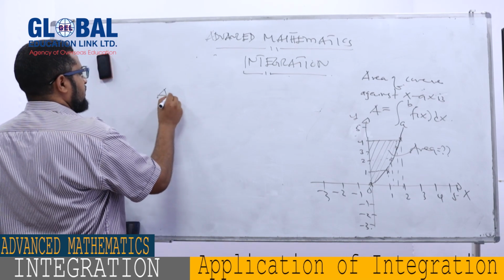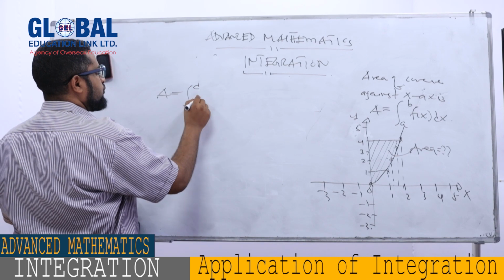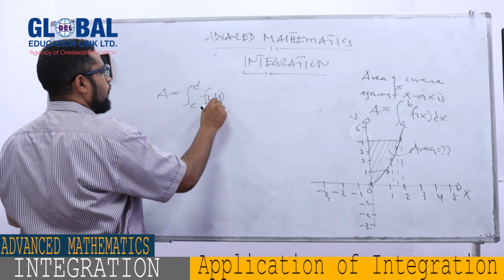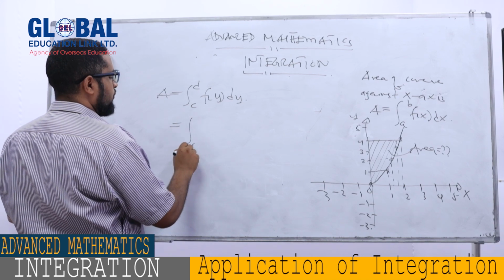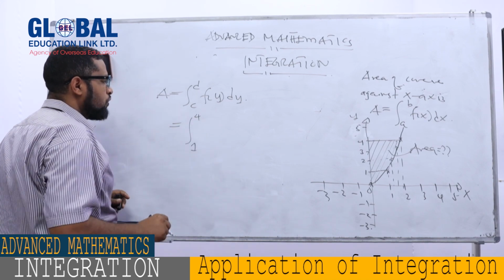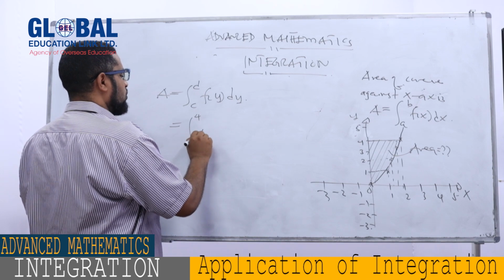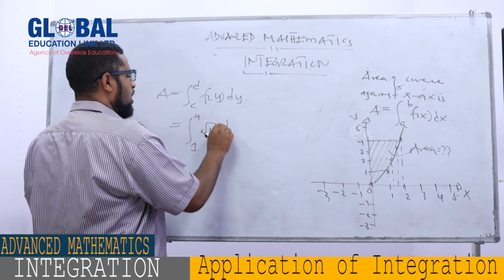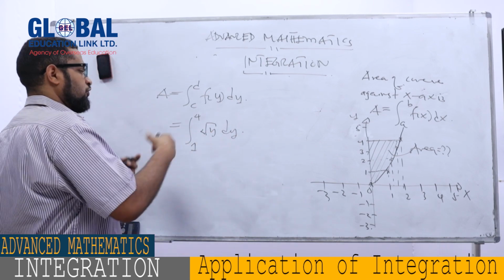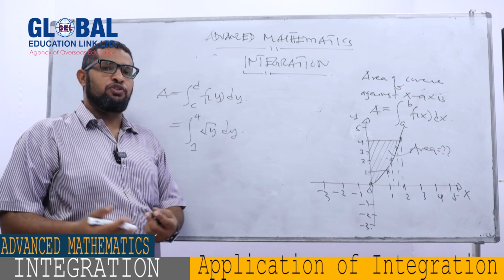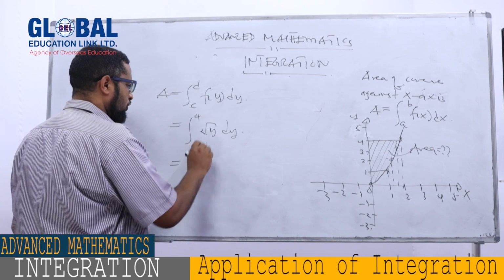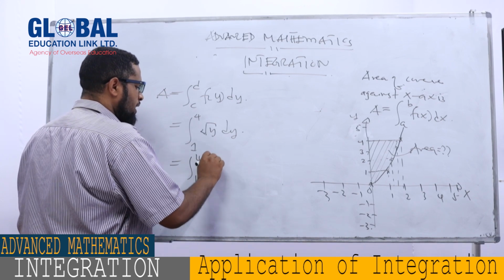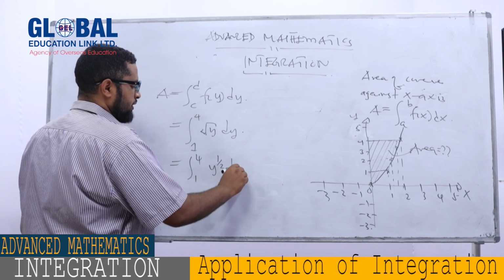Our formula is given by A equals the integral from c to d of f of y dy. So it is from 1 up to 4. Our function was root of y dy. So let's integrate root of y and see what we are going to get. It's the same as the integral from 1 to 4 of y to the power 1 over 2 dy.